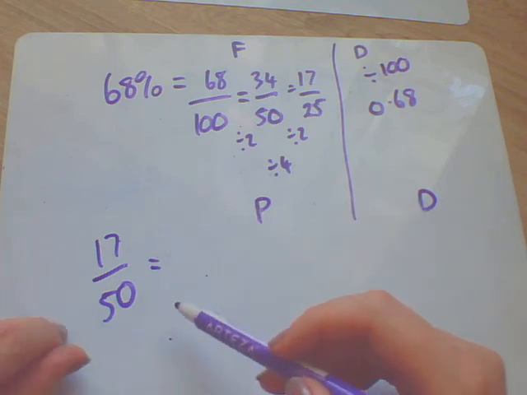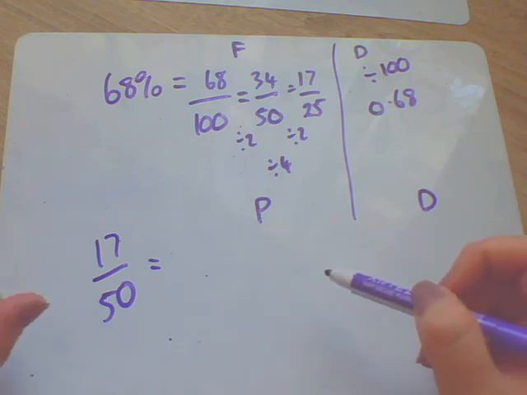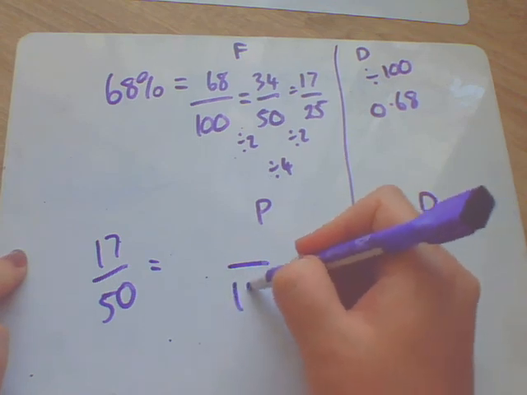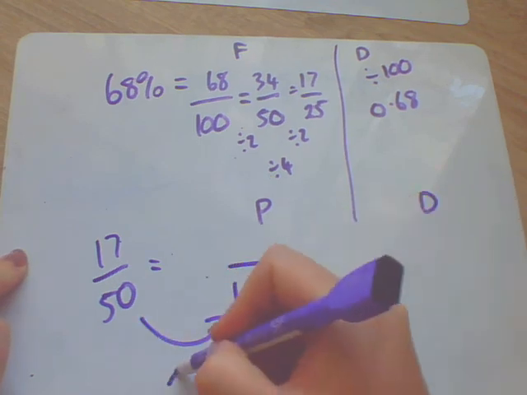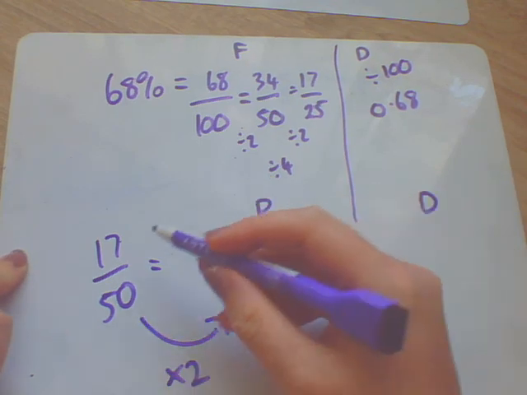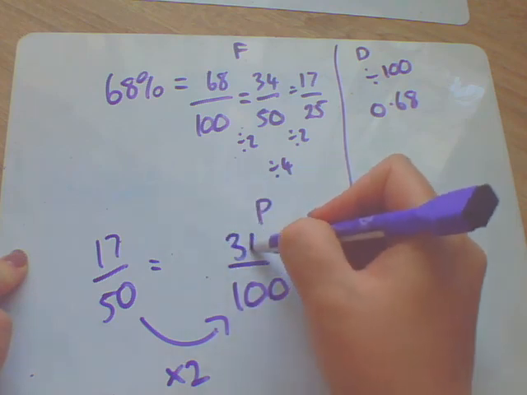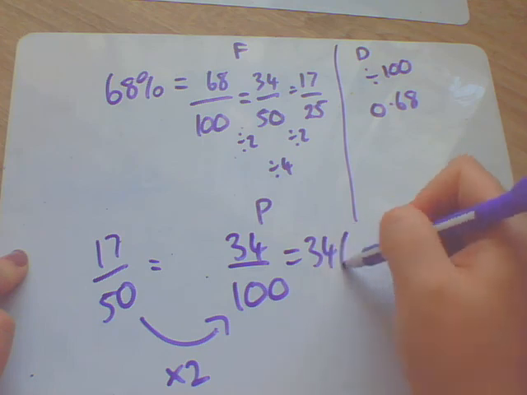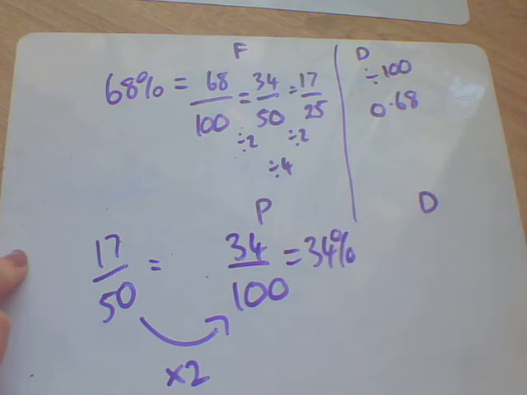So 17 out of 50, the method to get it to a percentage, if you can scale it up to 100, then scale it up. So I can turn 50 into 100 by doubling it. So I'm going to do the same to the top, which will make that 34 out of 100, which is 34%. Now we can turn that into a decimal really easily because 34 divided by 100 is 0.34.